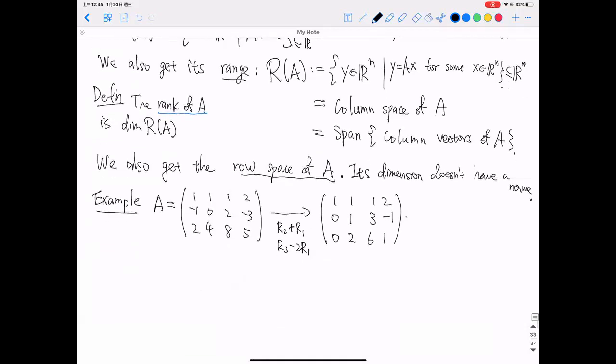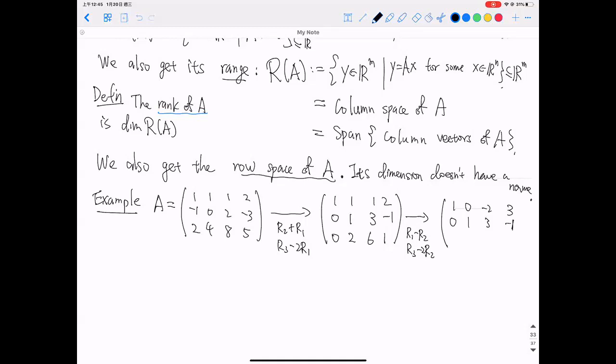Now we proceed. R1 minus R2. R3 minus 2R2. Keeping R2. Like that. Oops. R1 minus R2, that's 1, 1, 0, minus 2, 3.